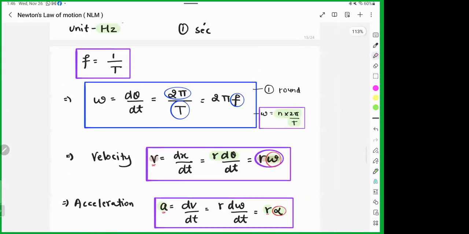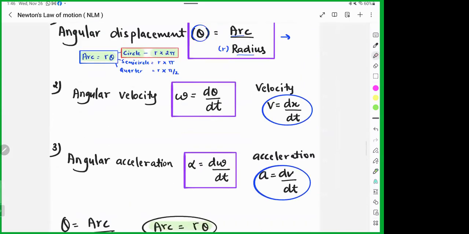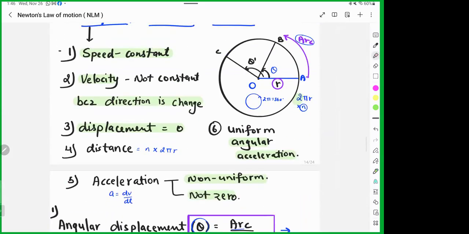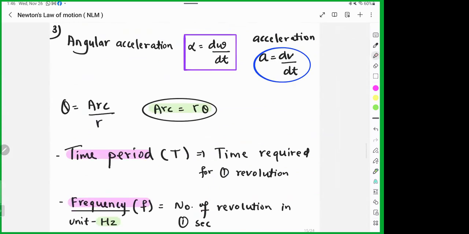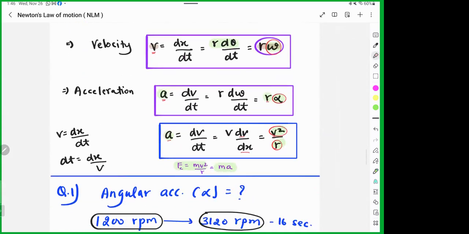V is equal to r omega, so acceleration is equal to v square by r, which is also equal to r omega square. Why? Because we have to put the v value here, r omega.